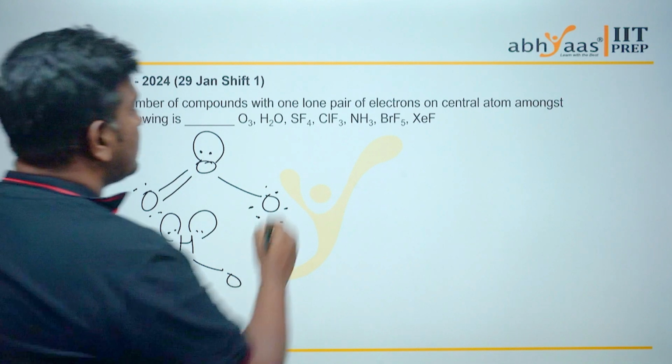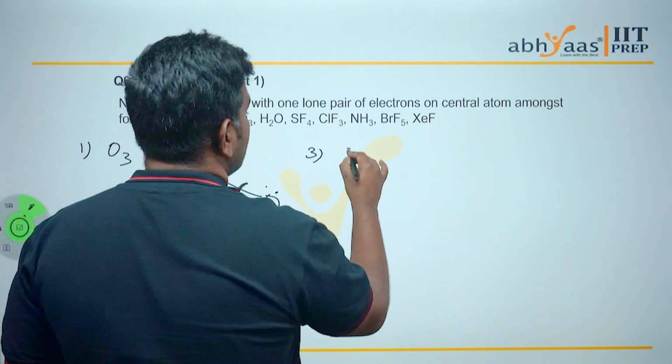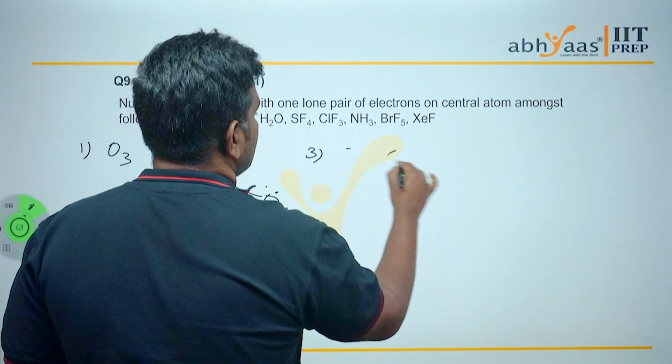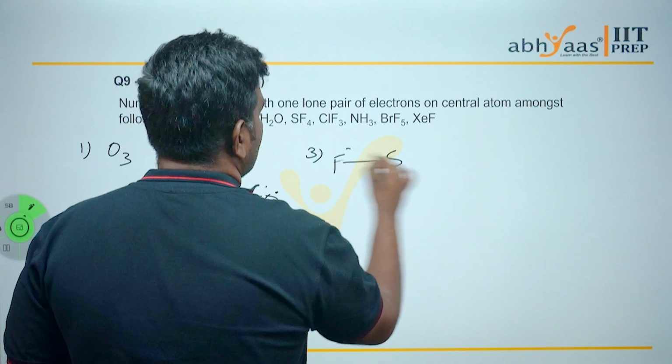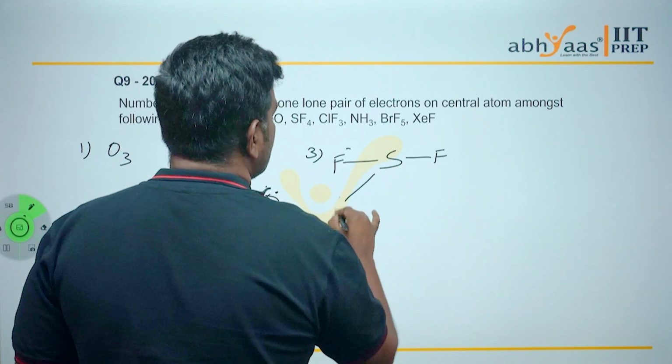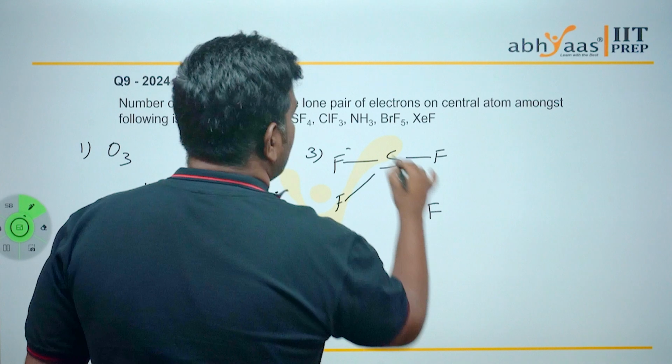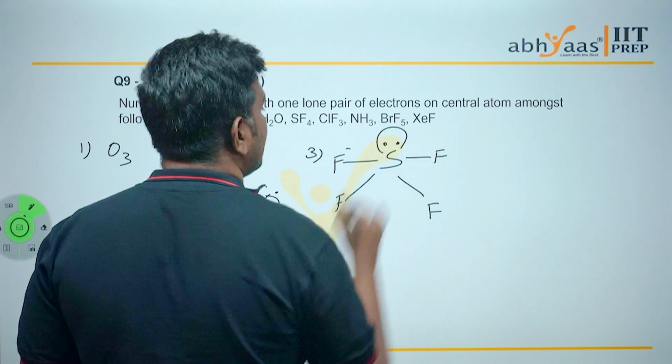Now going to the third one, SF4. You have a seesaw shape here, and on the center you have a lone pair.